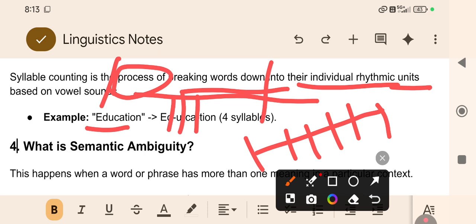So how can we count the syllables? There are different methods of syllable counting, and one of the methods is the chin down method. So when examination, you can place your hand, right, under your chin, and then you speak, so how many times your chin touches your palm, this way you can count the number of syllables.